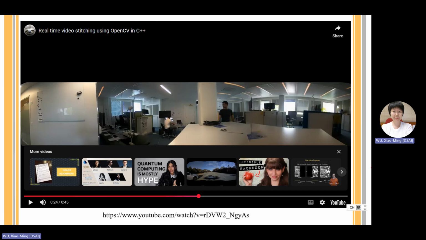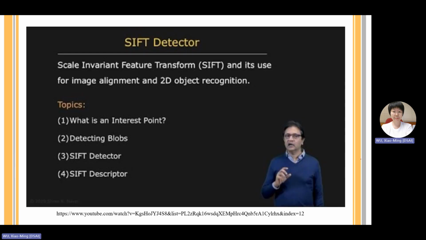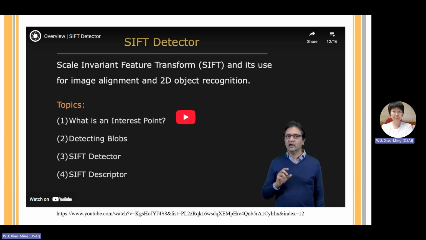So this is actually your lab 2 assignment. Today we will have lab 1. We'll have the TA introduce lab 1, but lab 2 is in 2 weeks, October 23rd.